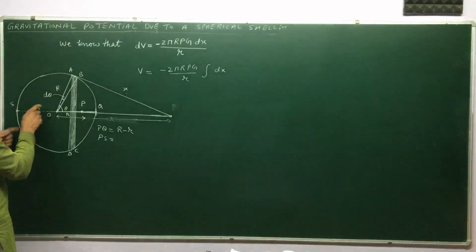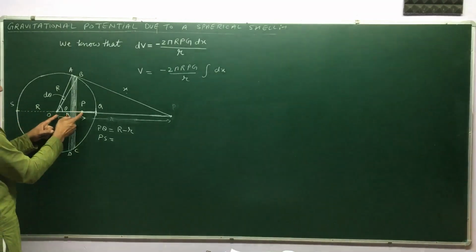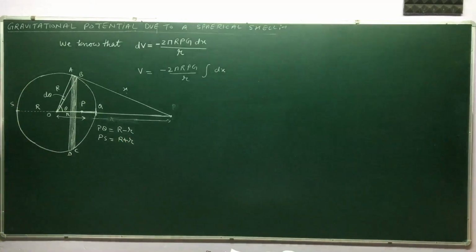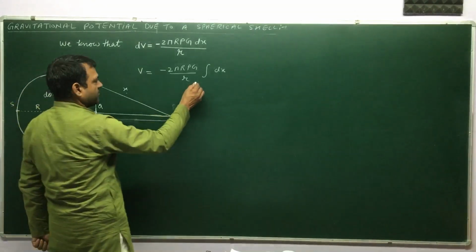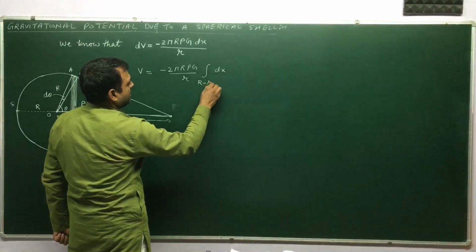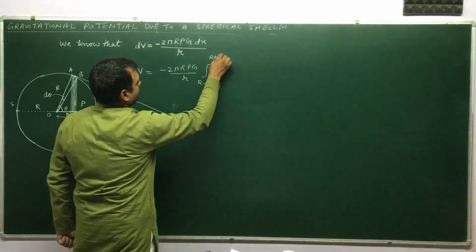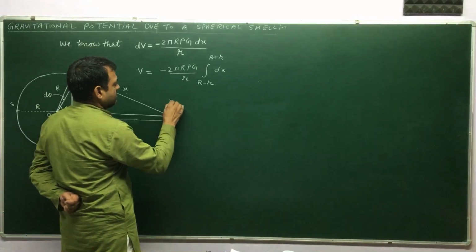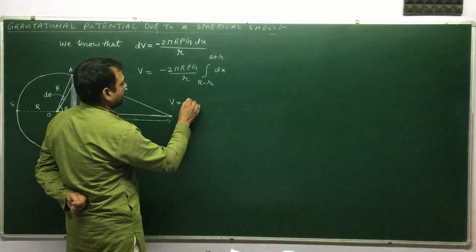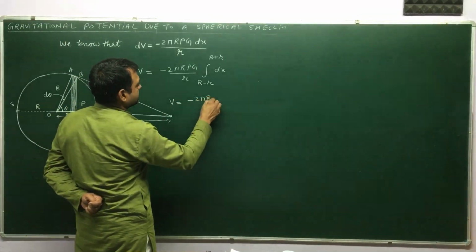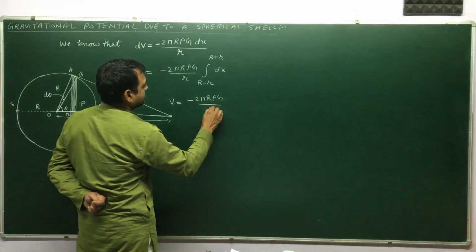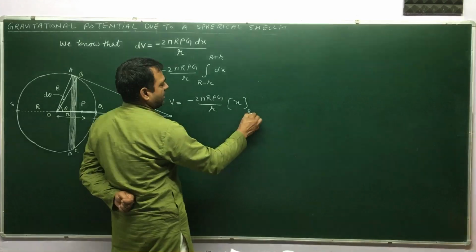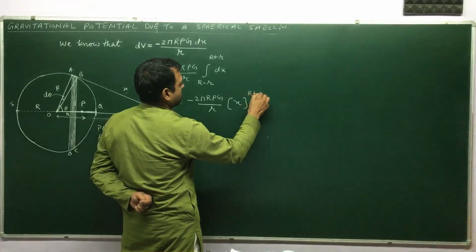This one is our uppercase R, which is the radius of this spherical shell, and this is lowercase r. So R plus r. Now we have to integrate this from R minus r to R plus r. As we advance further, V equals minus 2 pi R rho G by r times x from R minus r to R plus r.